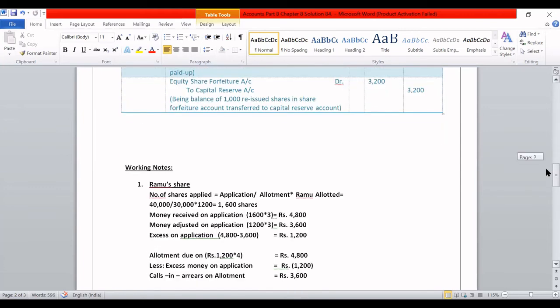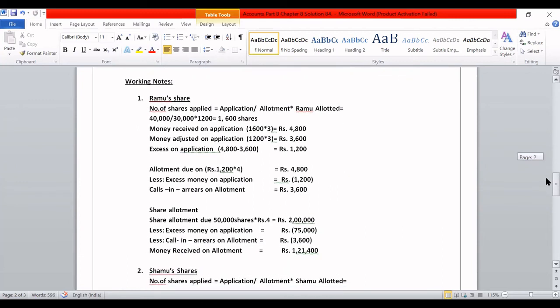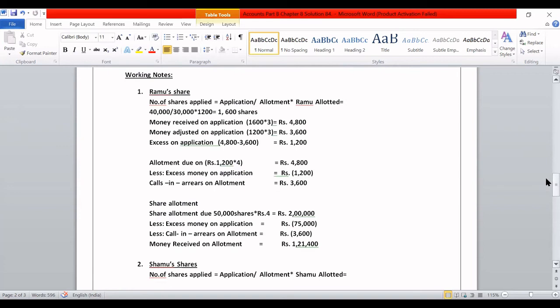Now let's see the calculation for Ramu's shares. He had applied for 4,000, he got 3,000, and the allotted was 1,200. So therefore he was given 1,600 shares. Money received on application was 4,800, that is 1,600 into 3.